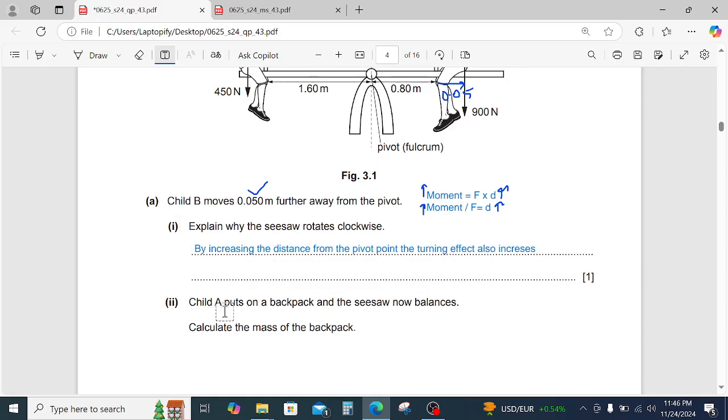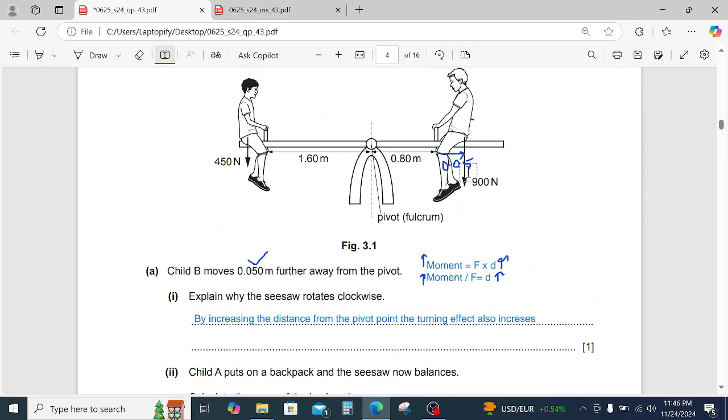Next, child A puts on a backpack. Remember this one: when child B moves a further 0.05 meter away from the pivot, the clockwise turning effect increases. It means it can move in a clockwise direction.